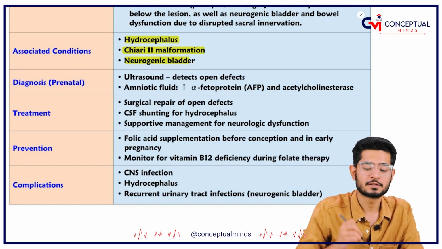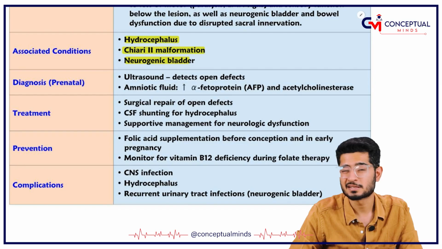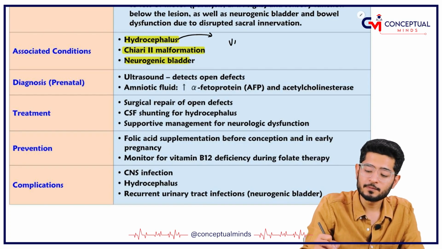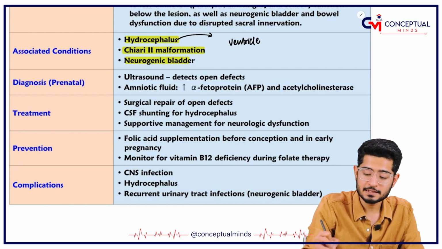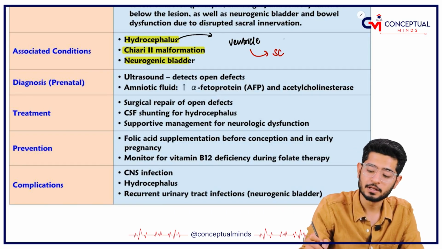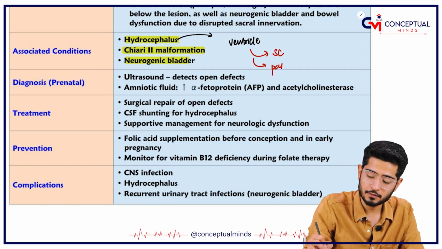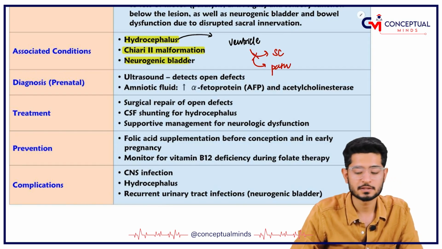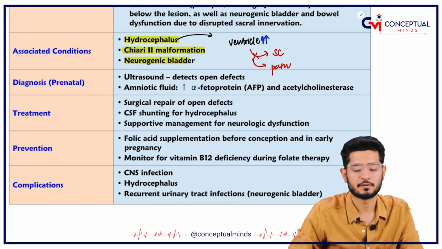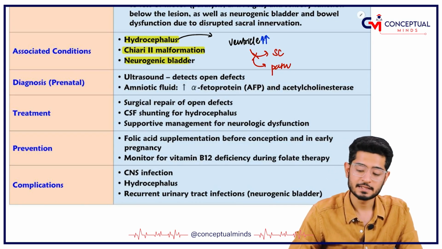And of course, hydrocephalus can also occur. From the ventricles, the CSF has to travel into the spinal cord, and if this path is not formed properly, it is not going to enter the spinal cord, and the ventricles are going to have a lot of CSF, which causes hydrocephalus.